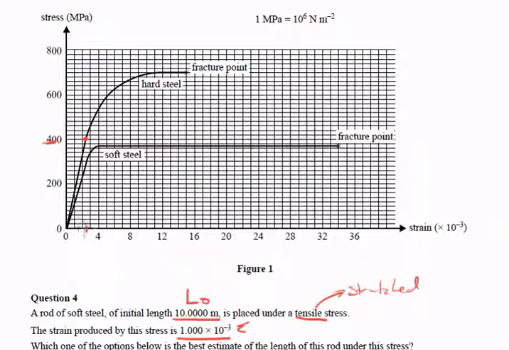So it's at 2.5 by 10 to the minus 3, and it's at 400 megapascals. A mega, as they've got it here, is 10 to the power of 6.